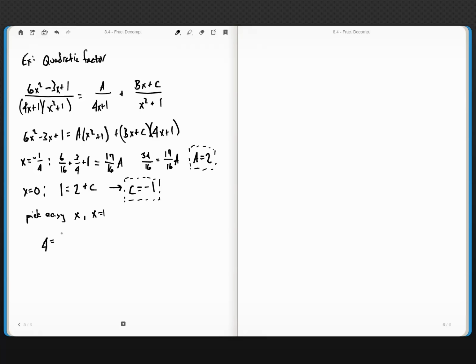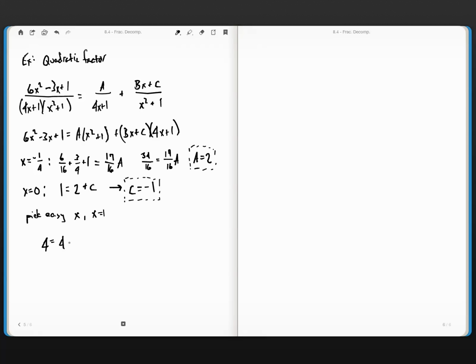That's 4 equals 1 times 2, because I know a is 2, so it's 4. And then put a 1 in here, and c is negative 1. So that's b plus 1.